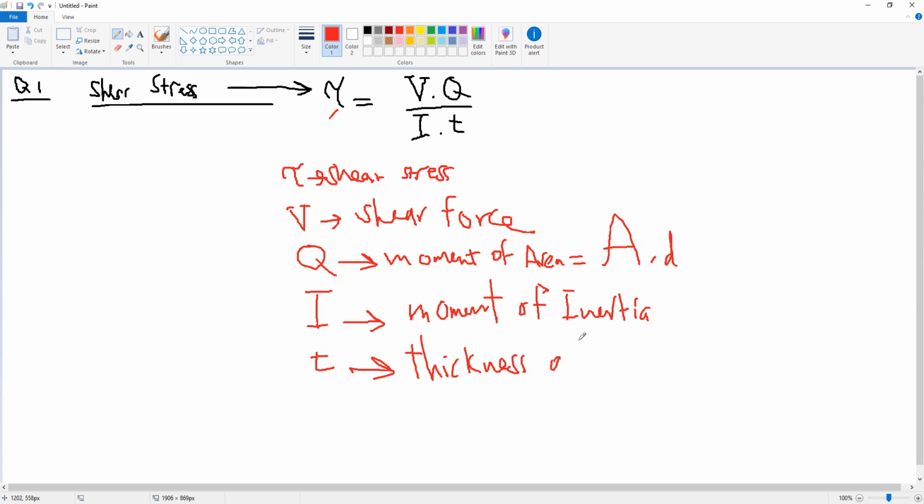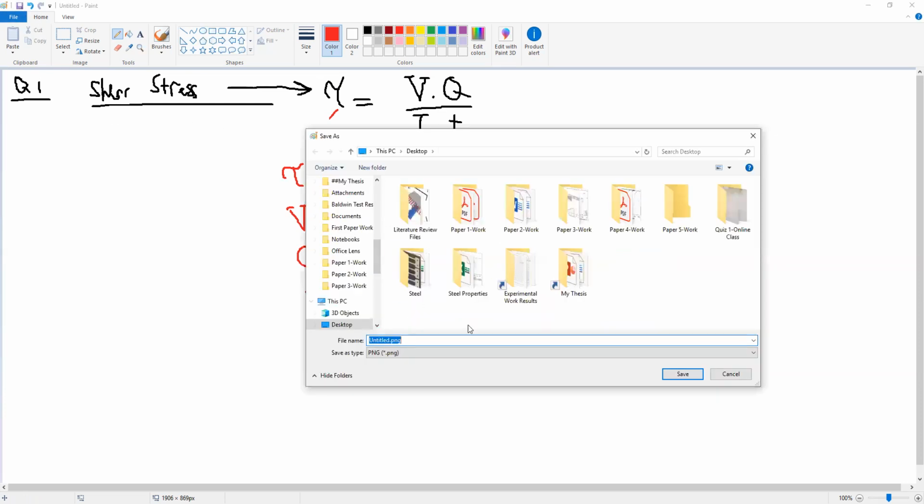Okay, so this is the formula we will be using today. It is important to know the terms of the formula. We have 5 terms: tau, V, Q, I, T. Now we can go to our problem.